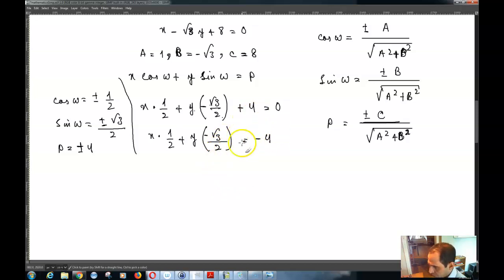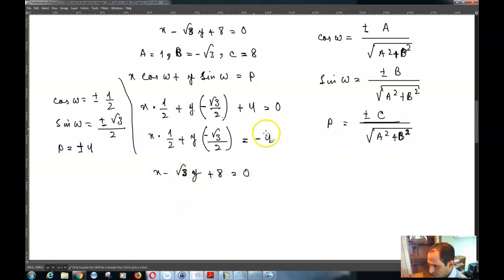Okay, so here there is something important, and one thing that you can pay attention to right now is that the original equation that I had was x minus the square root of 3 times y plus 8 is equal to 0.